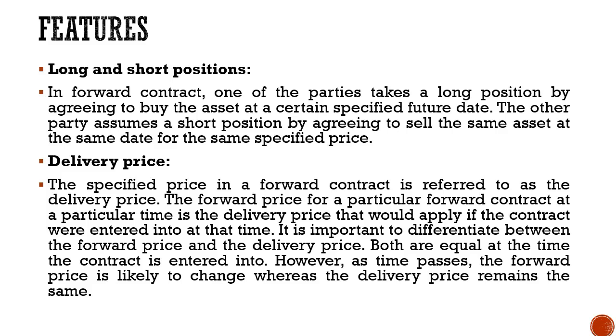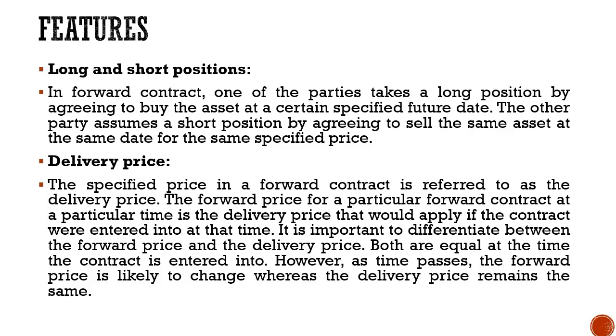Now it is very important to differentiate between the forward price and the delivery price. Both are equal at the time the contract is entered into. However, as the time passes, the forward price is likely to change whereas the delivery price remains the same.